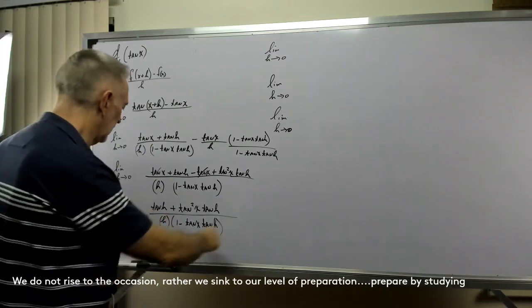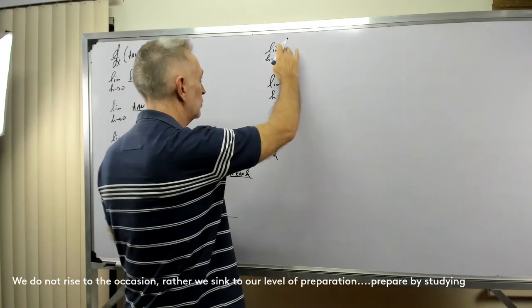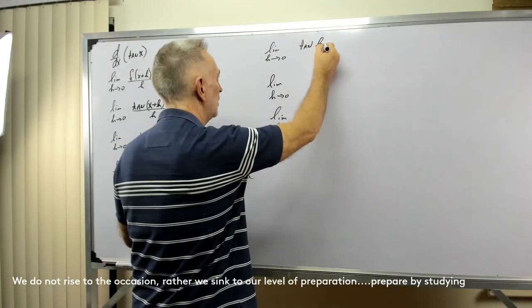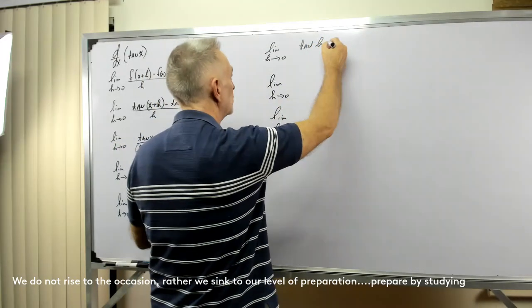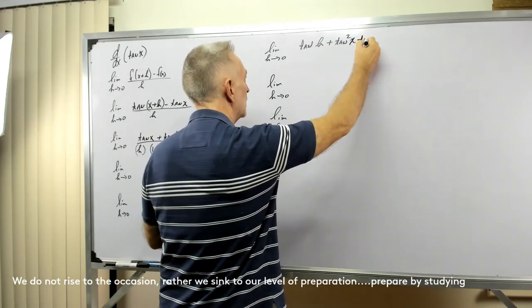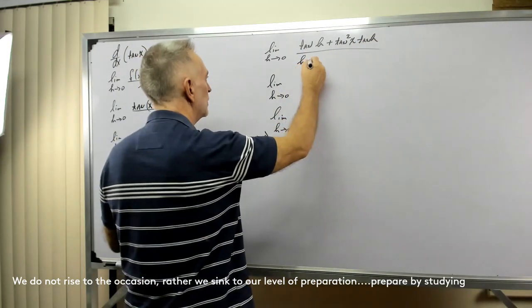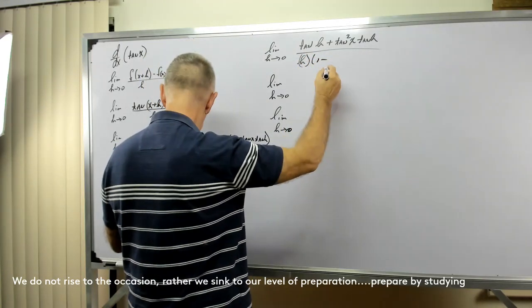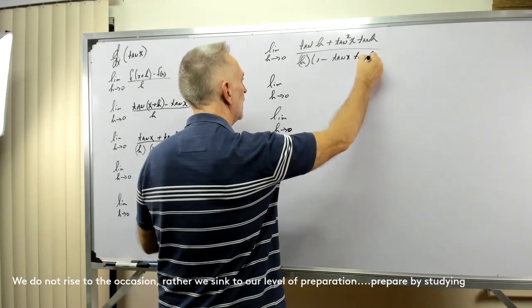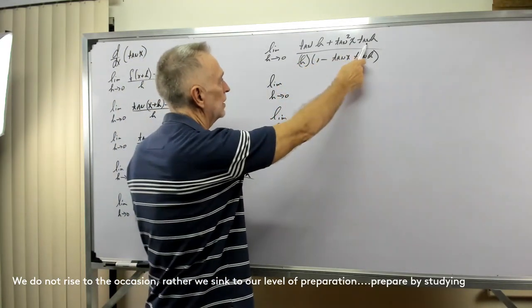All right. Now then, let's transfer that up here so we can see what we're working with. We still have the limit as h approaches 0, and I'll try to write a little bit neater for you. Tangent h plus tangent squared x tangent h over h times 1 minus tangent x tangent h. Okay, you can see in this one here I have a tangent h here and a tangent h there.